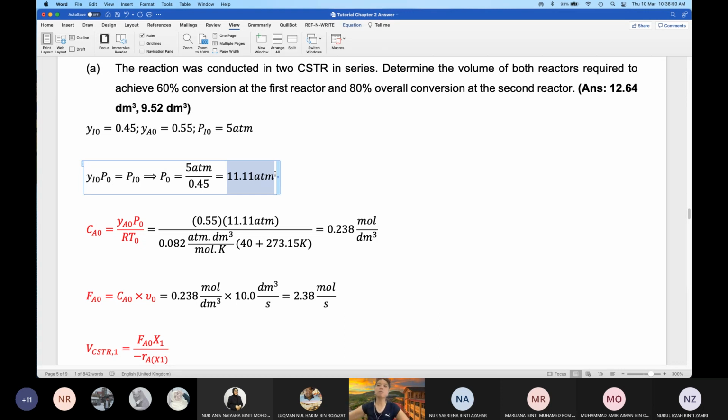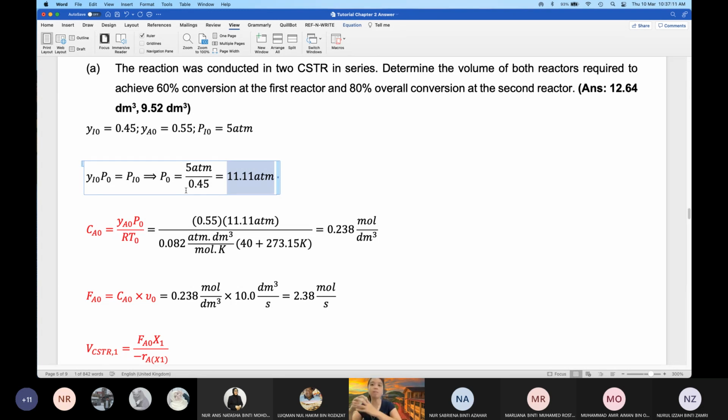Kalau 100% berapa ATM? Kalau kamu darab silang, kamu sebenarnya akan dapat total pressure tu 11.11. 45%, 5 ATM. 100%, how many ATM? 11.11.